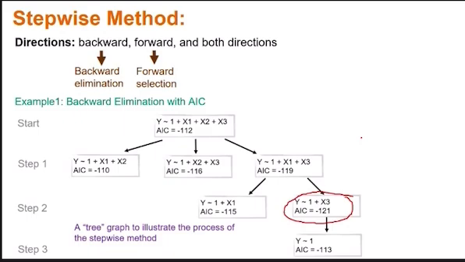Now I consider the intercept model and I look at the AIC. That was worse, because the AIC of the intercept model is greater than the AIC of that one. Which means the best model according to the stepwise, backward elimination with the AIC, is that one. Is there any question on the way this algorithm works?